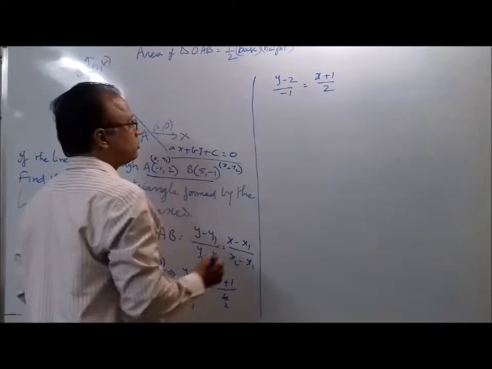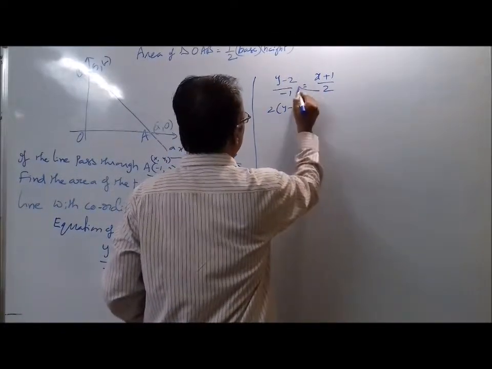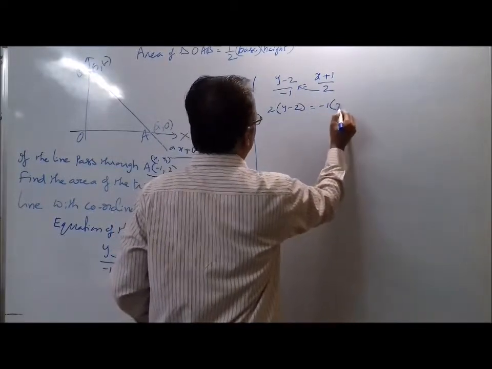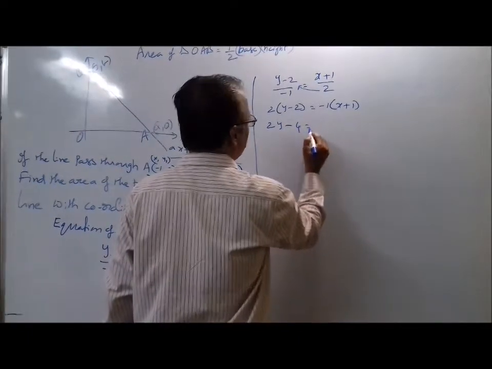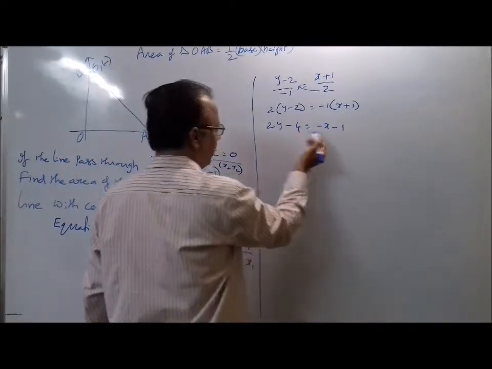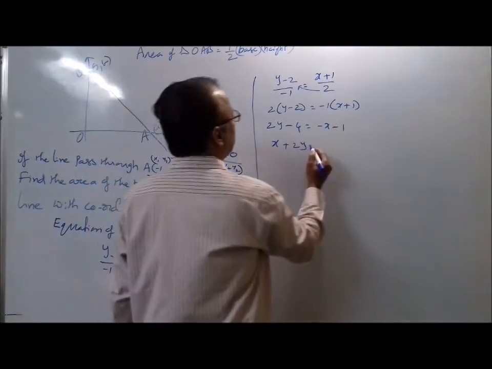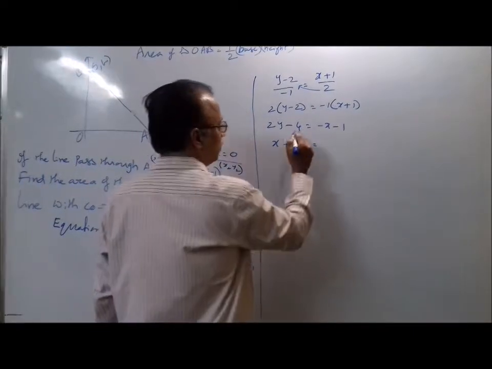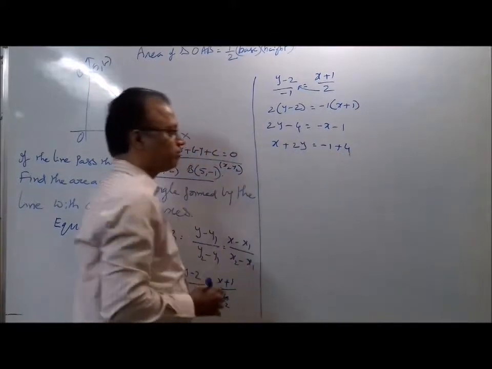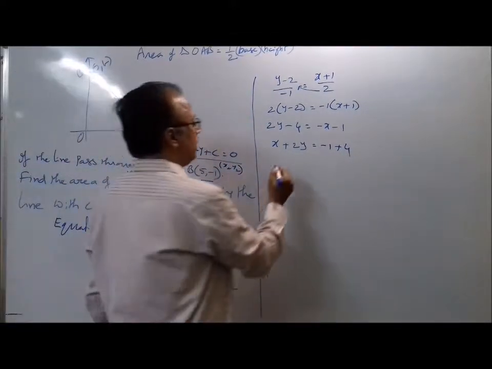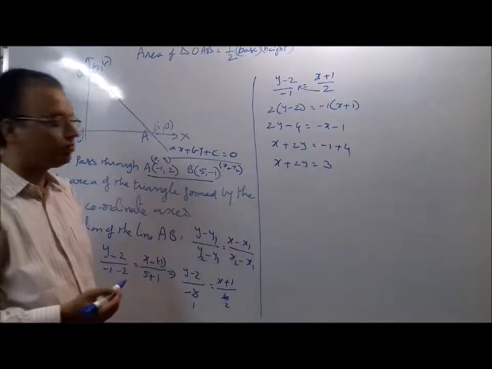Cross multiplication: 2 into y minus 2 is equal to minus 1 into x plus 1. That is 2y minus 4 equals minus x minus 1. Minus x I take this side, plus x plus 2y is equal to minus 1 plus 4. That is x plus 2y is equal to 3.